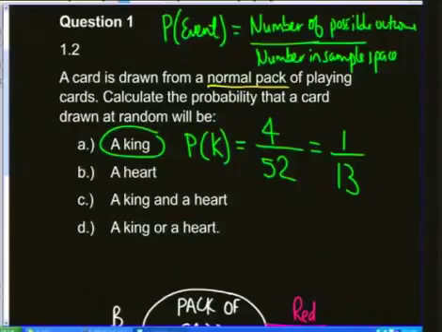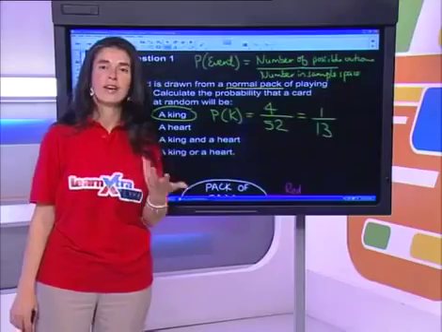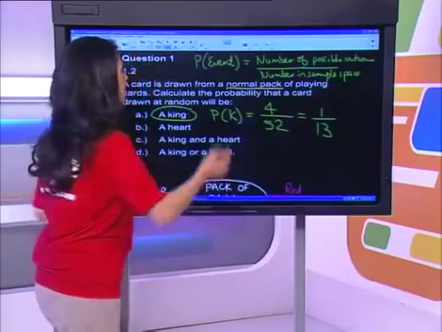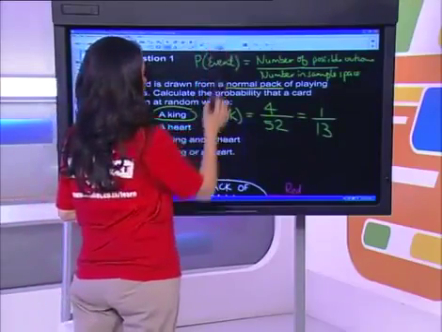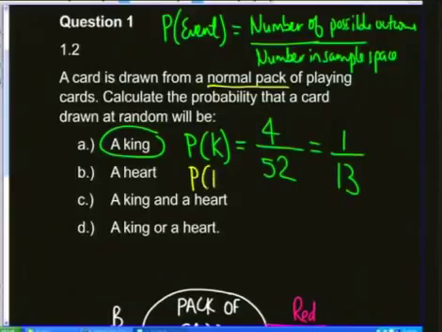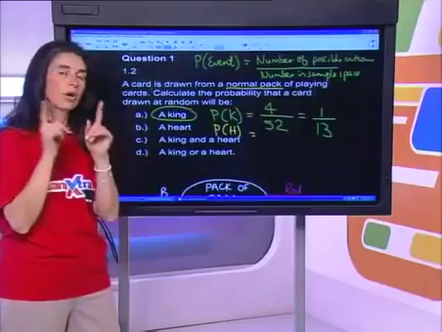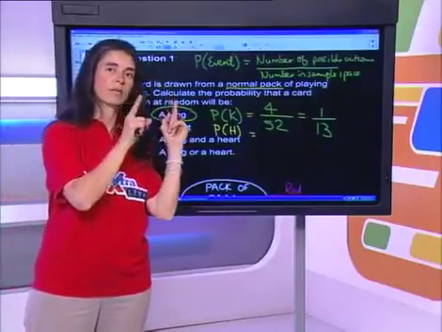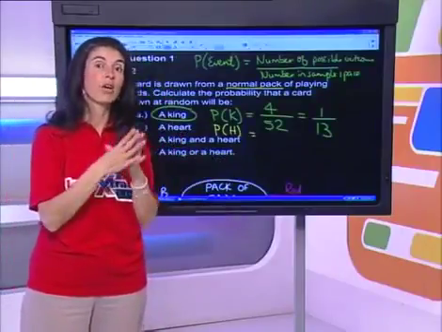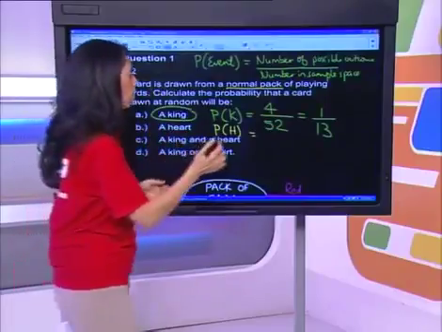Okay. Then, what is the probability of us getting a heart? We do exactly the same thing. We want to know how many hearts there are in a pack. Well, our hearts are our red cards, and therefore there are 13 possibilities of getting a heart.